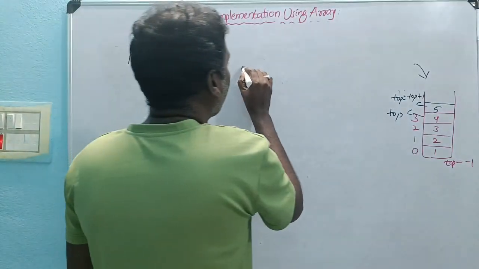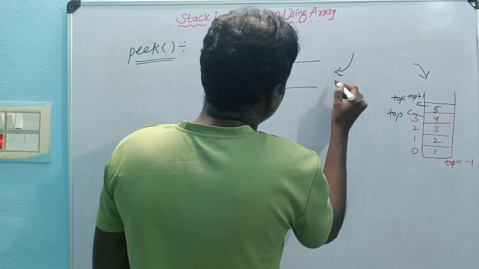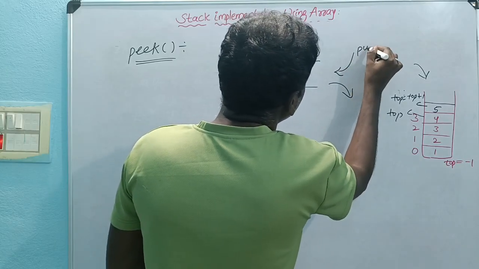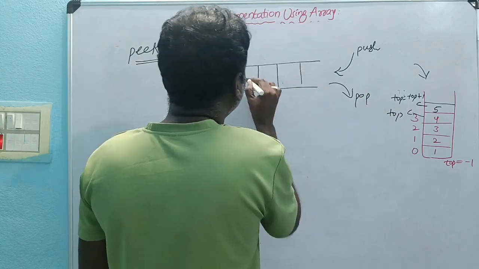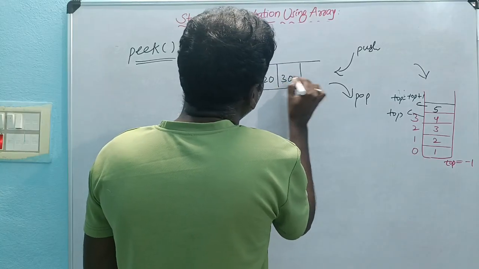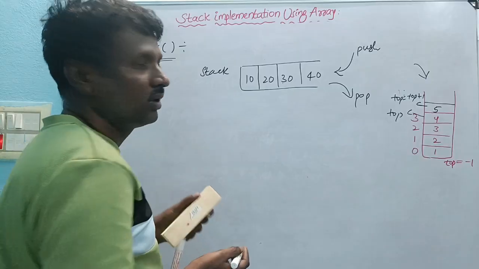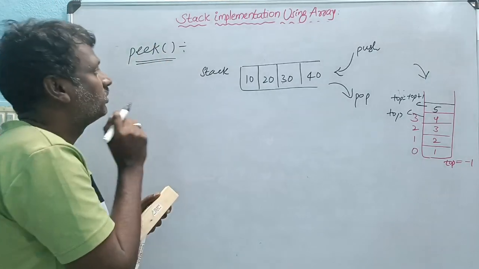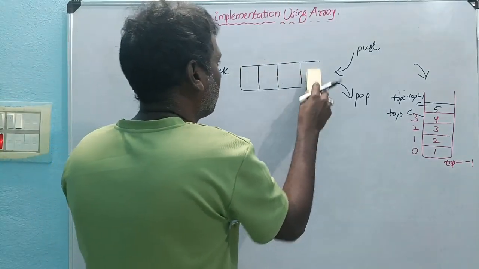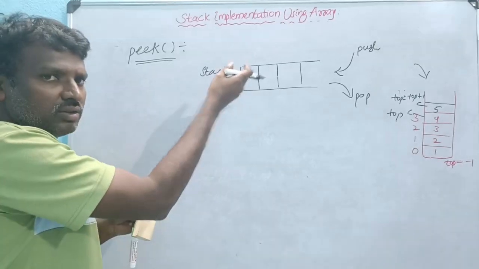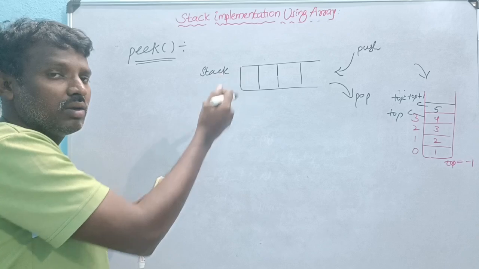So representing the diagram: this is push, this is pop. How many elements are there? Four: 10, 20, 30, 40. This is the stack. Here observe peek. Before that, in this diagram, is it possible to find the peek element when the stack is empty?